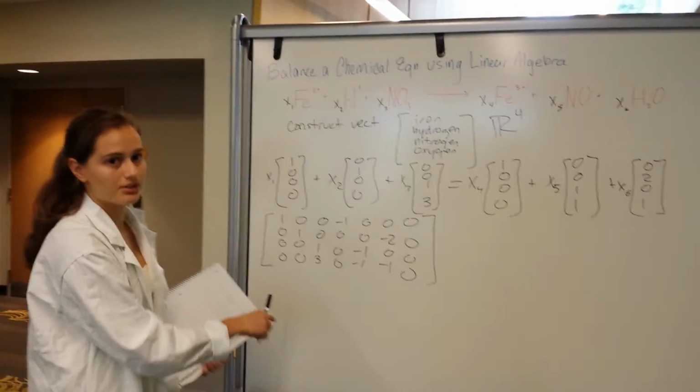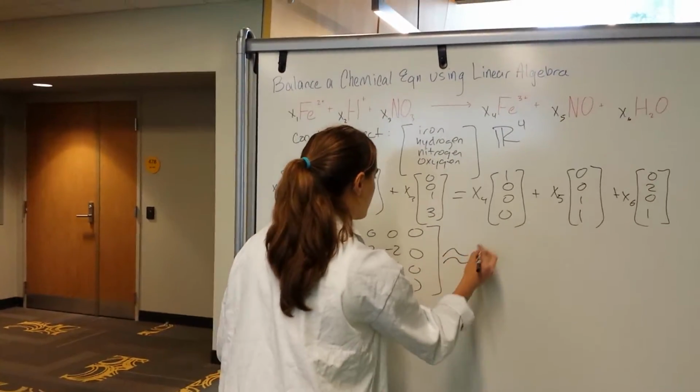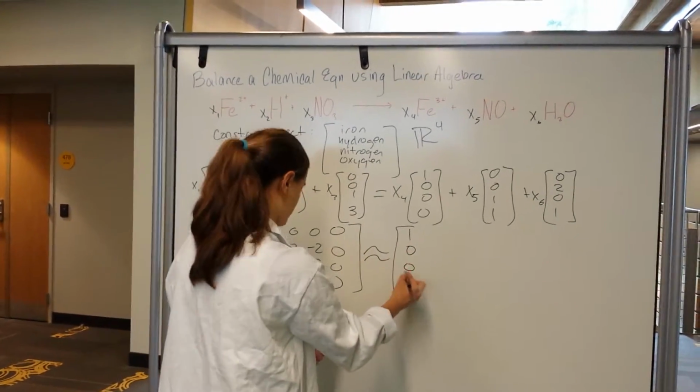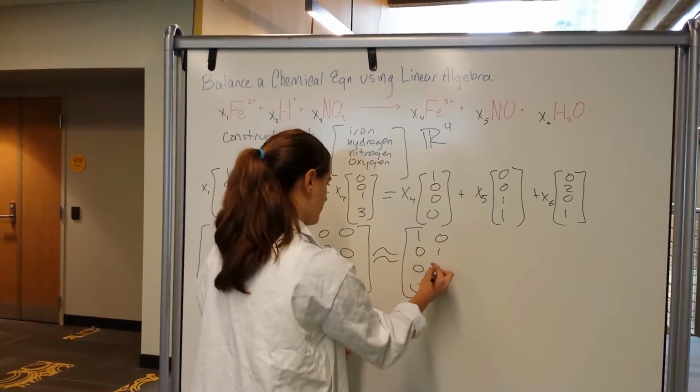And then when we put that into a calculator, you'll find that you get something that looks like this. 0, 1, 0, 0.